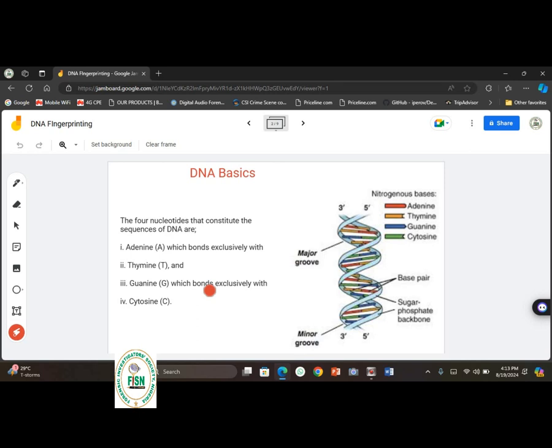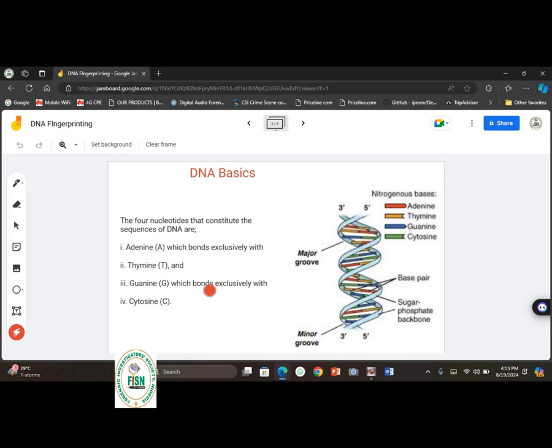I said before we can understand fingerprinting, we have to understand the DNA basics. And we said that the DNA contains four nucleotides that constitute the sequence of DNA.